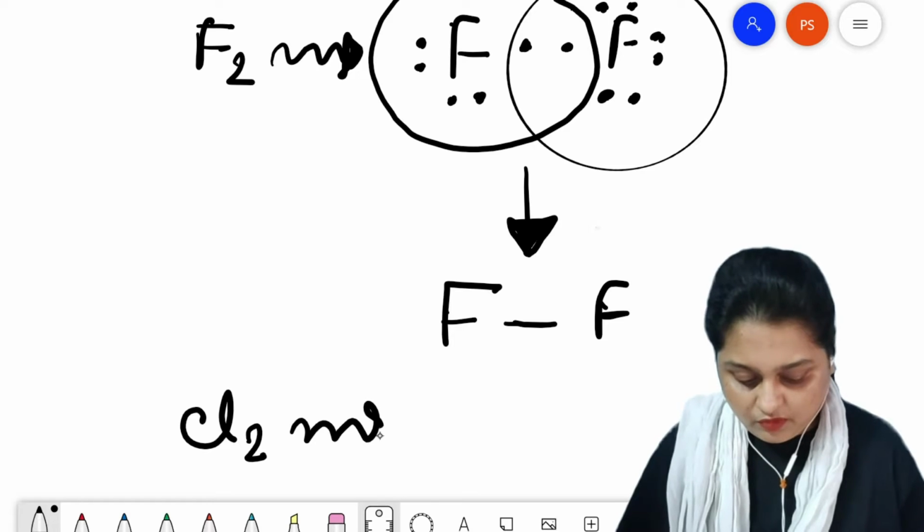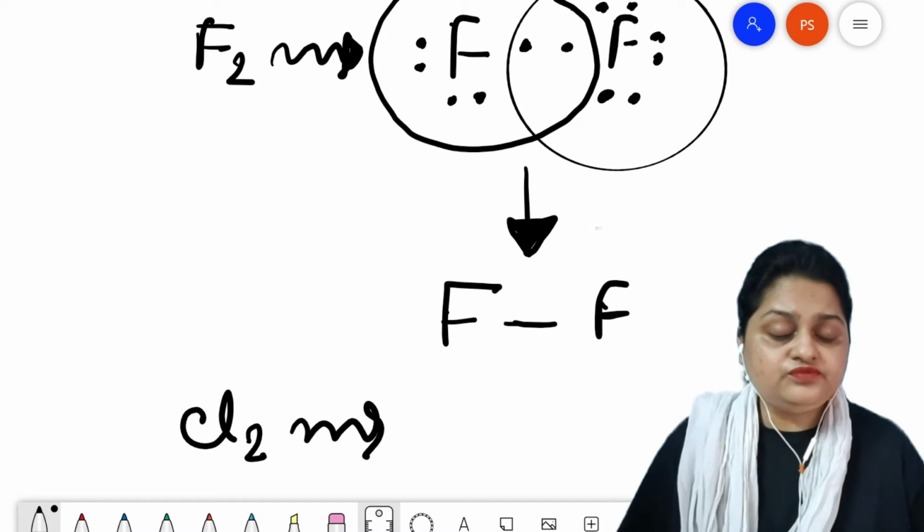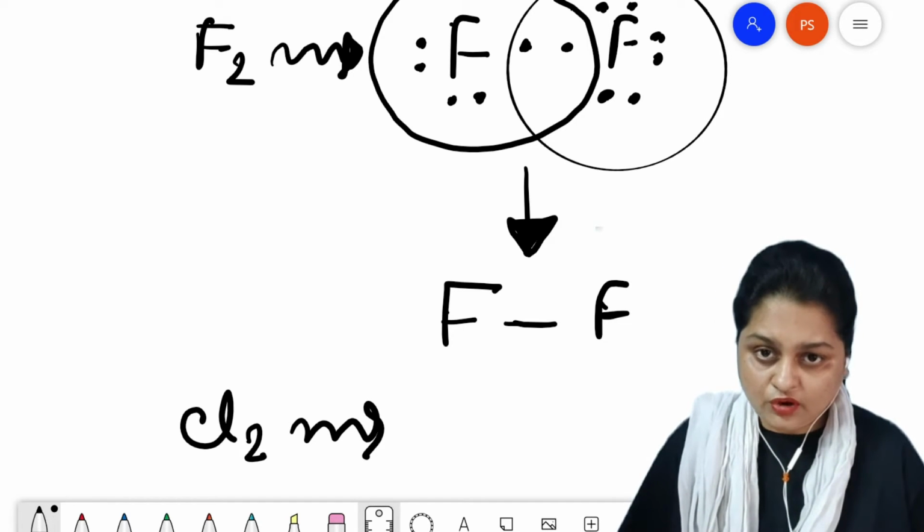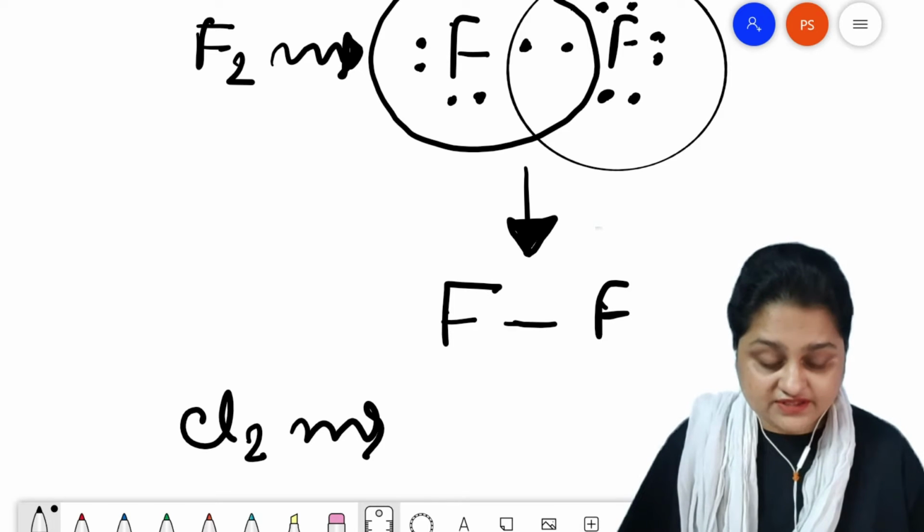Chlorine molecule. Similar to the fluorine molecule, a chlorine atom also has 7 valence electrons.